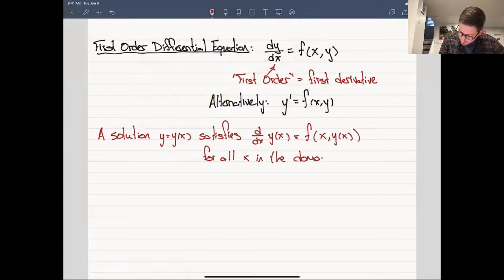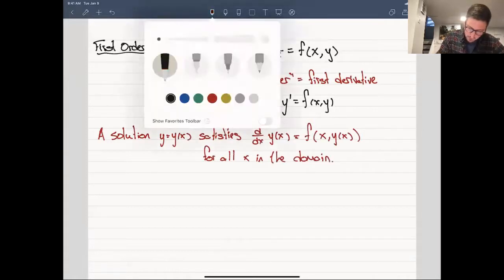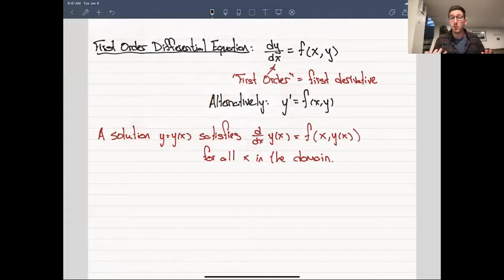And typically the domain will be specified, or at least you'll have some idea of what it is. But this is just left side function equals right side function, nothing more.